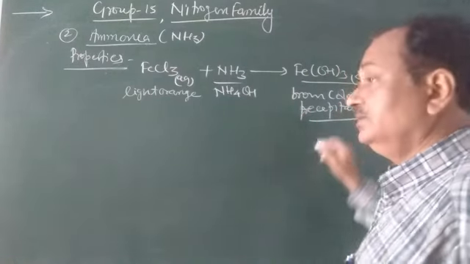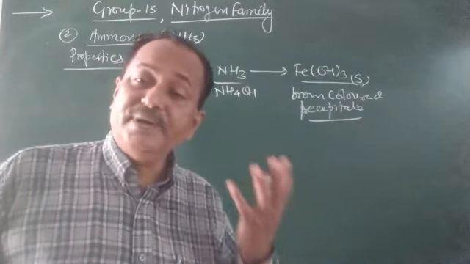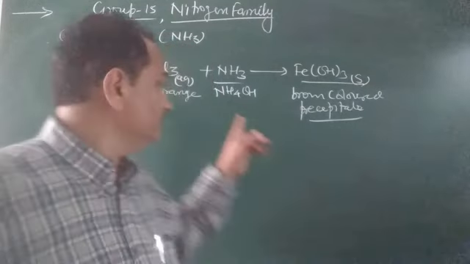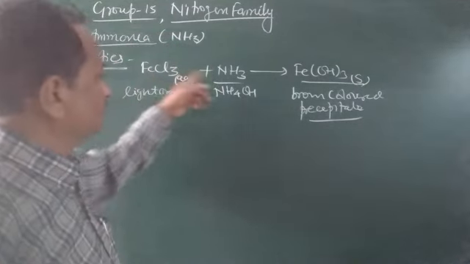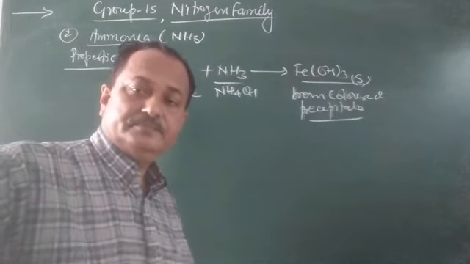This is the identification. The particular color indicates the presence of that ion. So when we take iron, the brown colored precipitate indicates it.